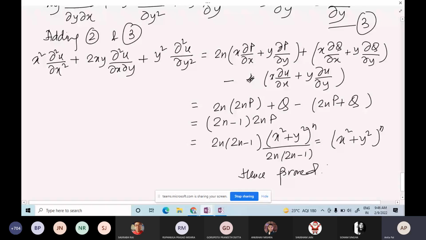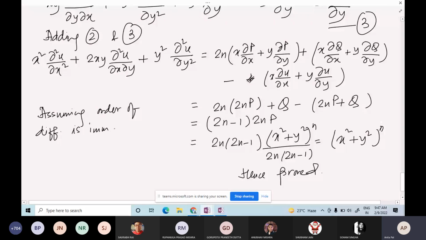Ma'am, is del square u by del x del y equal to del square u by del y del x always? Not always, but here we have assumed that the order of differentiation is immaterial.